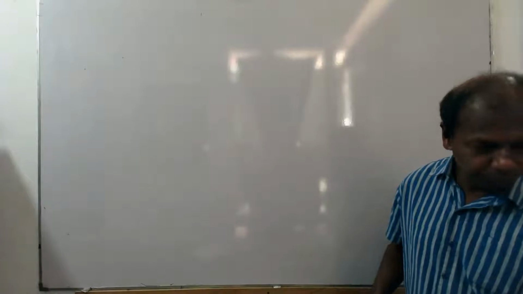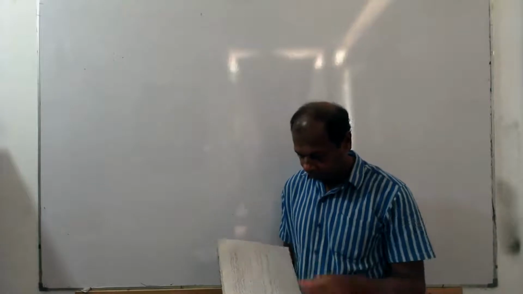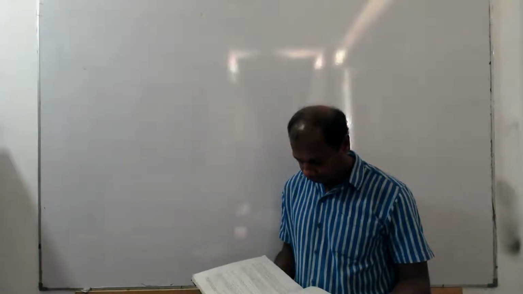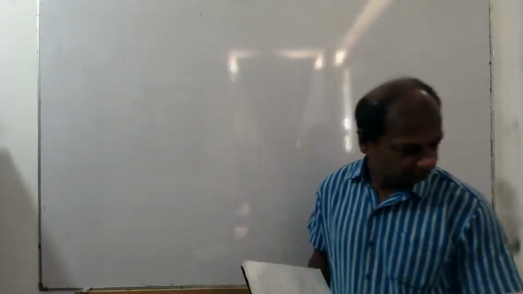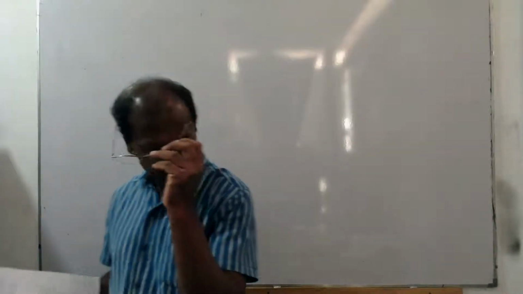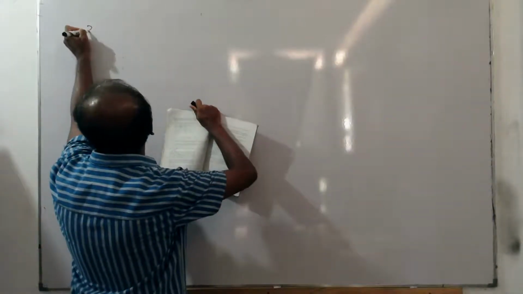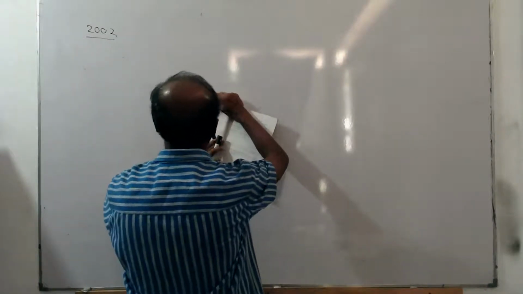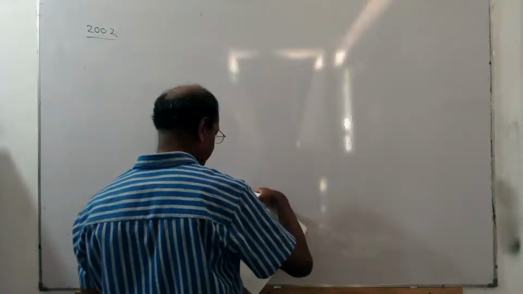Right, 2002. Question. Four equal uniform rods of weight W are freely jointed at their ends to form a square.